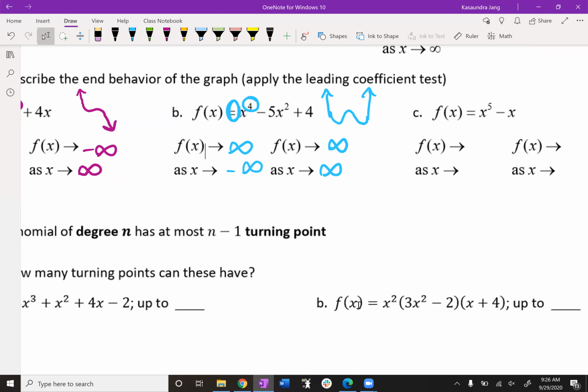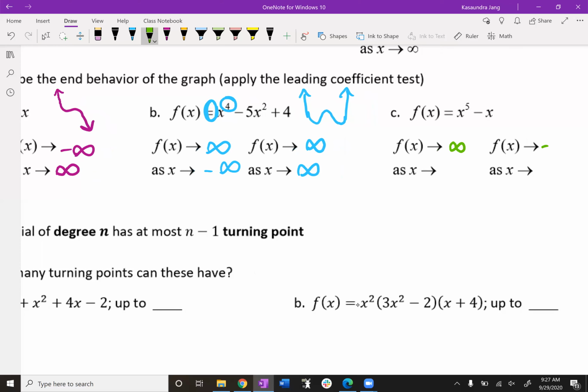So Abdi, whenever you're ready, let me know what you got. For C, right? For the first aspect, I got positive infinity. Okay, so you're saying it's split. One side's going up, the other side's going down.